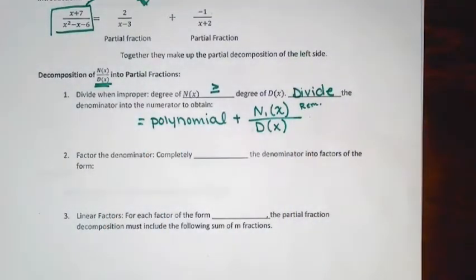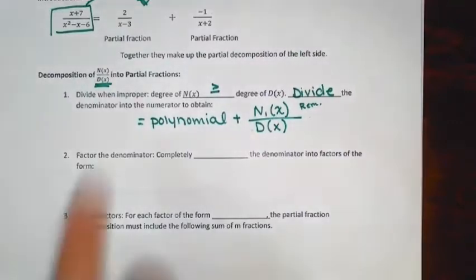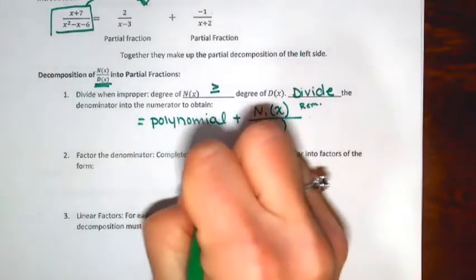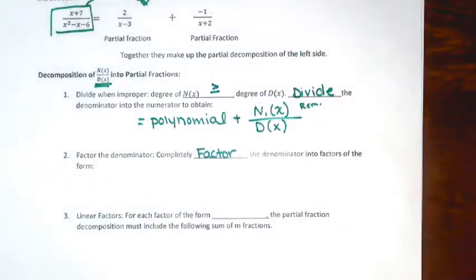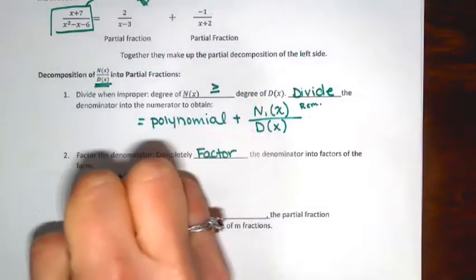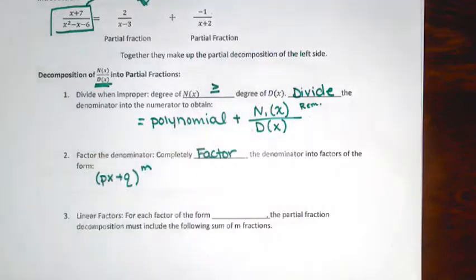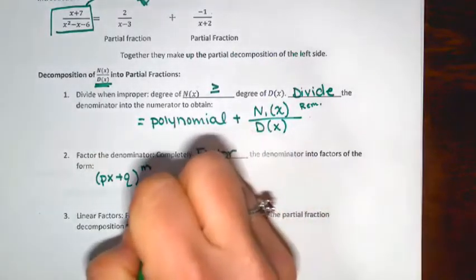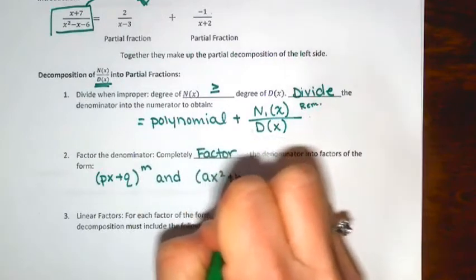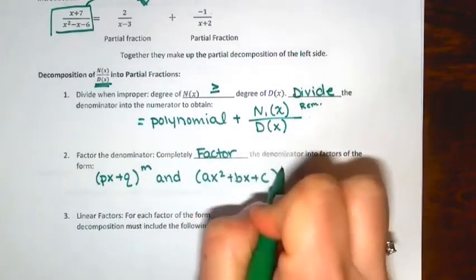All right, factor. We always want to make sure we factor the denominator. So we will completely factor the denominator into factors of the form p times x plus q to the n power and ax squared plus bx plus c to the n power.